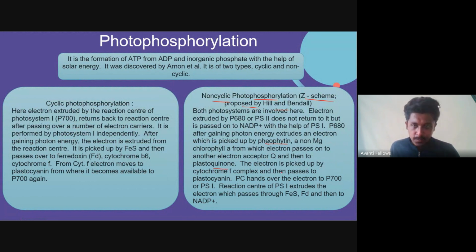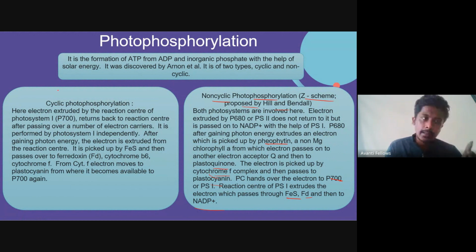They pick it up and pass it down to cytochrome F, and then cytochrome F to the plastocyanin, and plastocyanin hands it over to P700. When it comes to P700, again it gets excited and the electrons pass to FeS, Fd, and finally NADP plus is reduced to NADPH. So the byproduct of non-cyclic photophosphorylation is the production of NADPH.